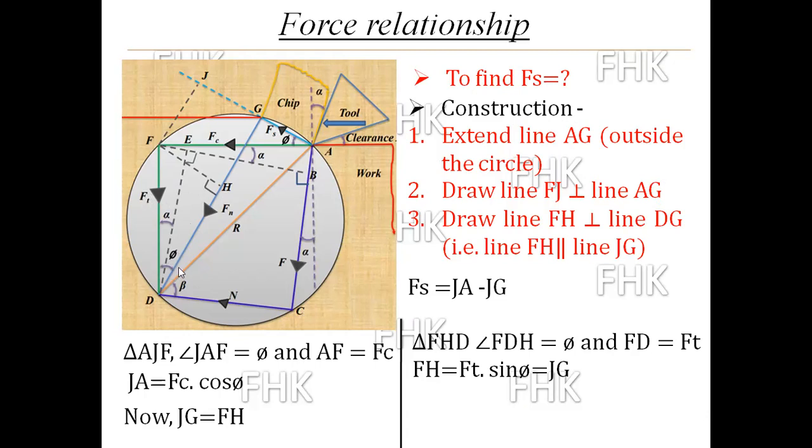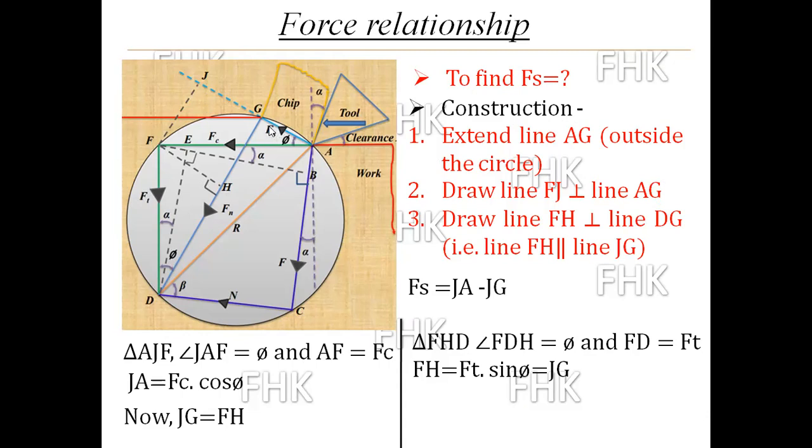FT sine phi is equal to JG. FH is equal to FT sine phi from this triangle FHD. Consider this triangle, which is a right angle triangle. So FT sine phi will become JG.